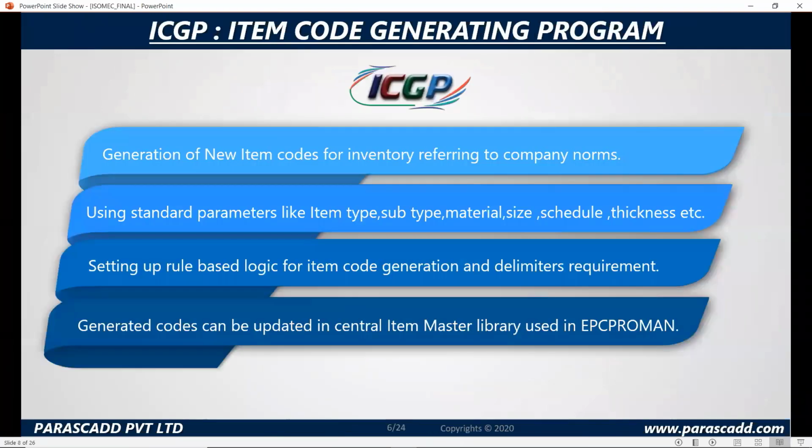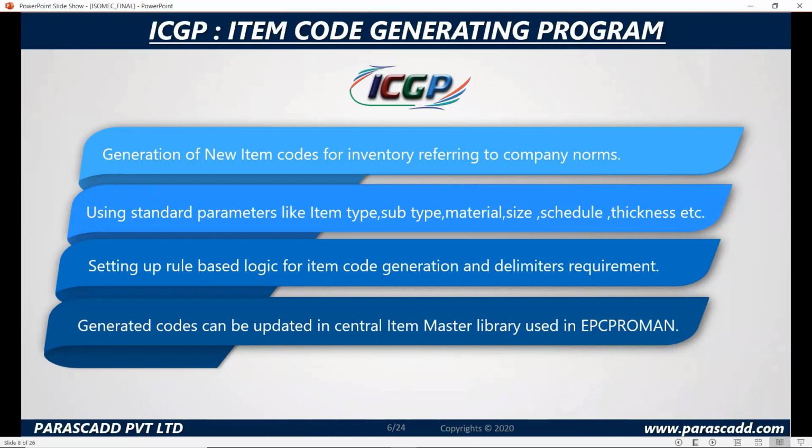A brief introduction about ICGP, that is the item code generation program. It is for generation of new item codes for your inventory, referring to the company norms or your client requirements. The normal parameters that we use for generation are item type, subtype, material, size, schedule, thickness, and so on.